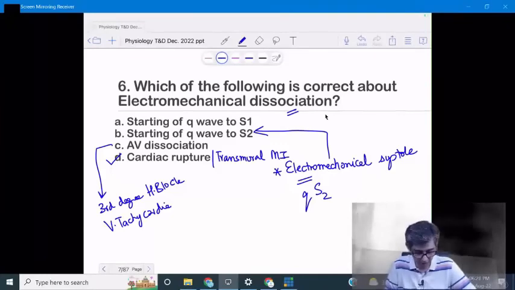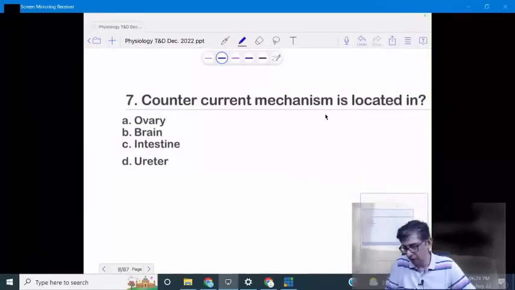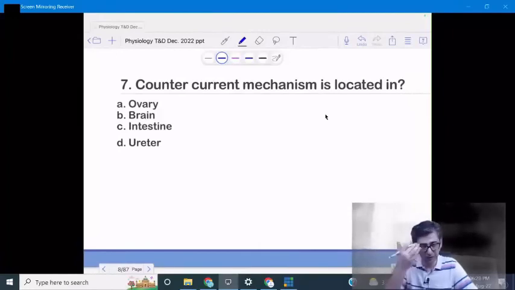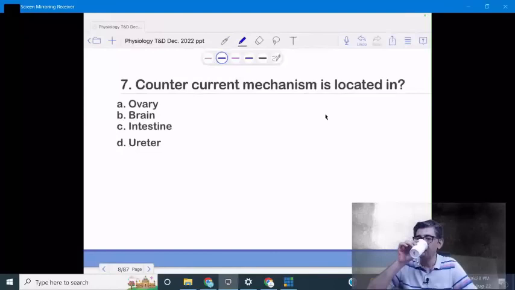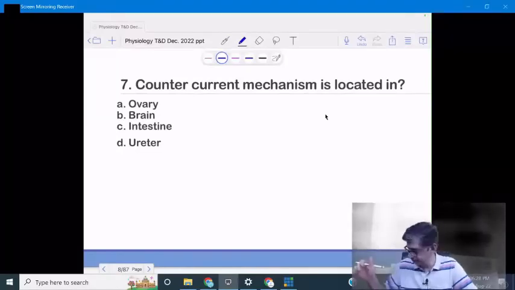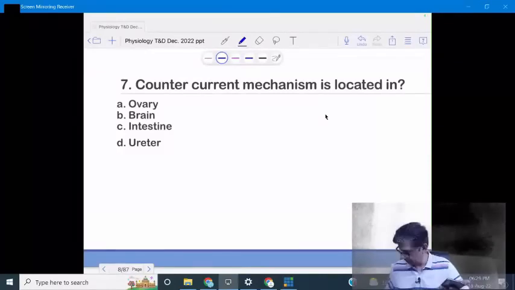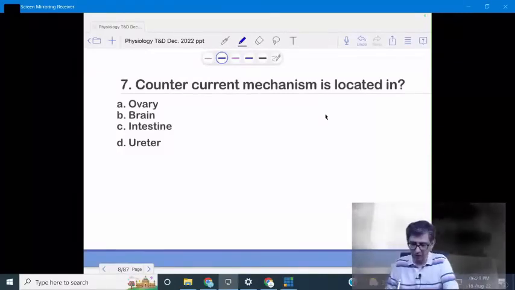We move to 7. Counter current mechanism would be located in which of the following areas? The options are ovary, brain, intestine, and the ureter. Let's wait for your answers. Okay, very good, very good.